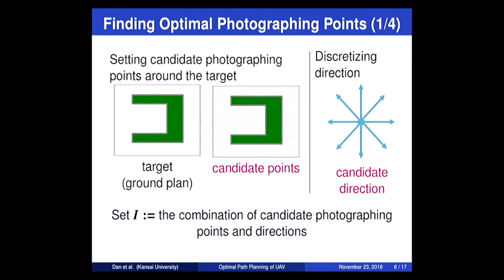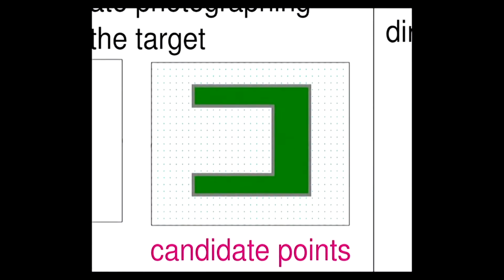Okay, from this slide, I'll explain the detail of the first part of our proposed method, the method for finding the optimal photographing points. First, we extract the outer shape of the target from the ground plan by using some image processing software, and we set the candidate photographing points around the target.